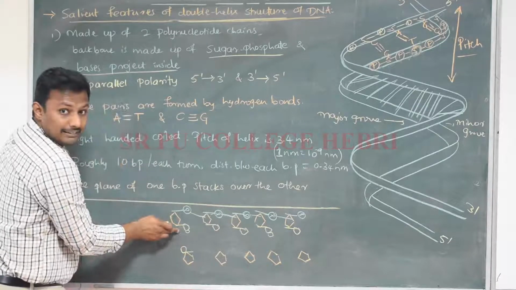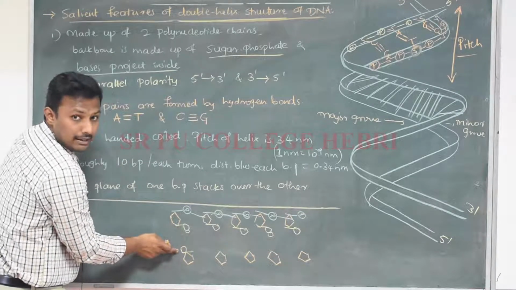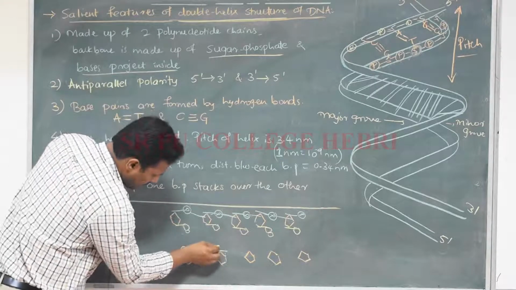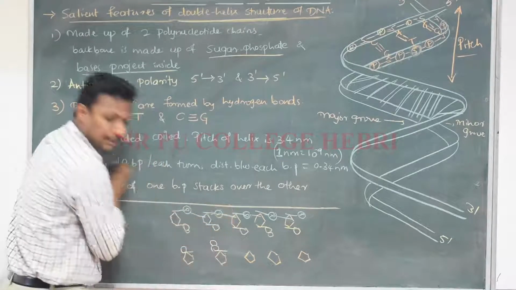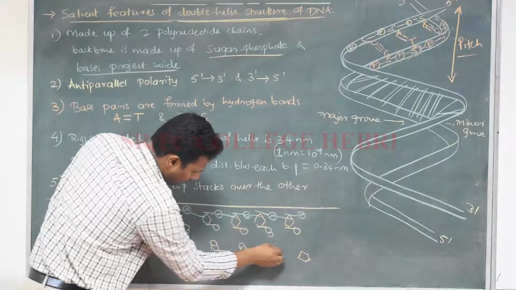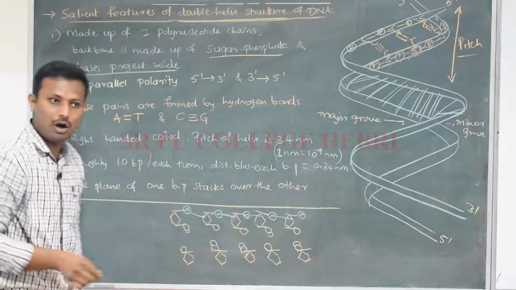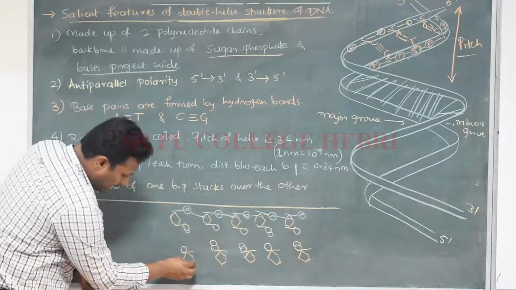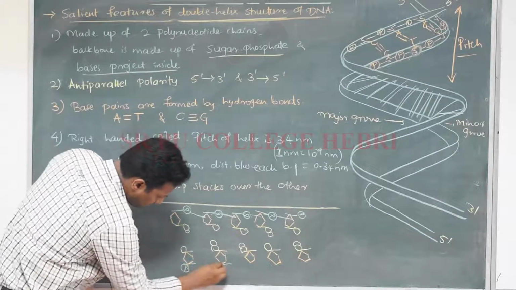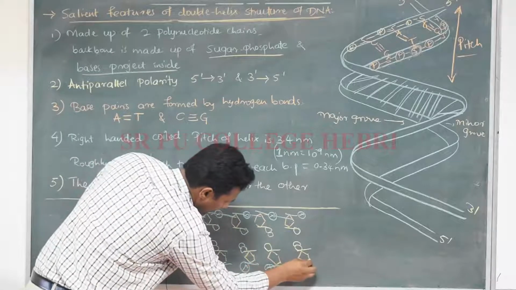If here there is a double ringed structure, if this is an adenine, it should be thymine, or if it is a cytosine, it should be guanine, like that. Okay, so on one side there will be a double ringed structure, on the other side there will be a single ringed structure, like this. Okay, nitrogen bases are all attached, and now at the fifth carbon atom, once again the phosphate groups are attached. Phosphate groups at the fifth carbon atom, right?